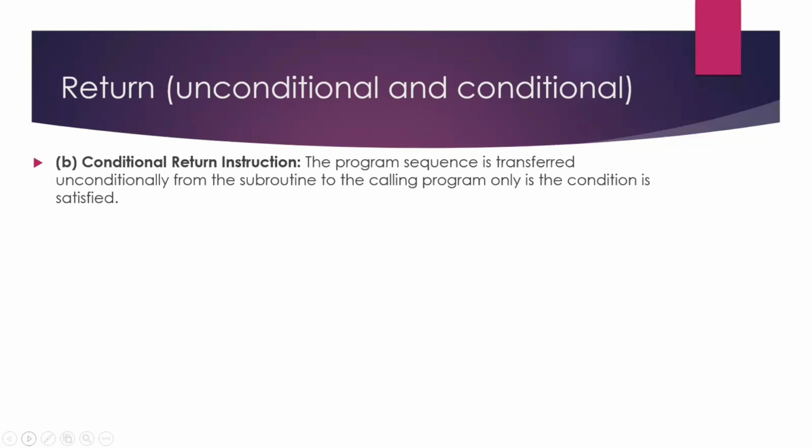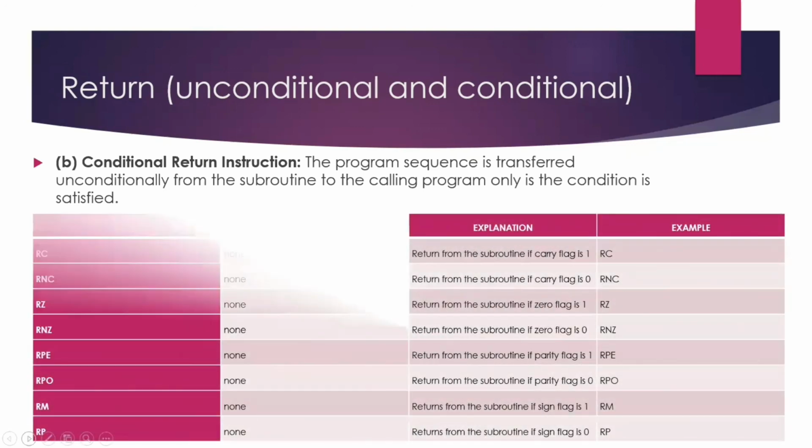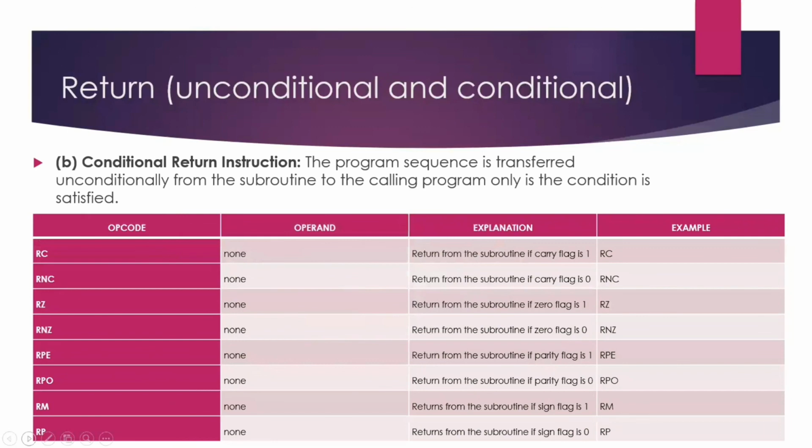Here we are dealing with the unconditional return instruction and the conditional return instruction, where the condition must be satisfied. And we also said that the condition depends upon the flag register. The opcode, as I already said, is the instruction.